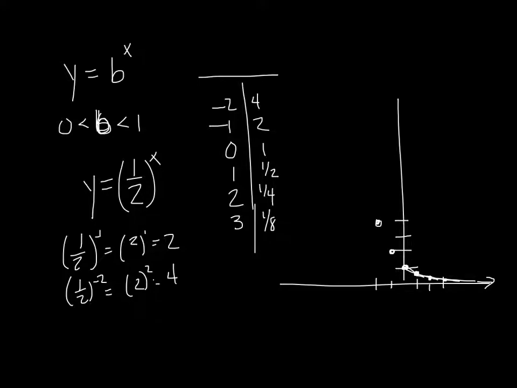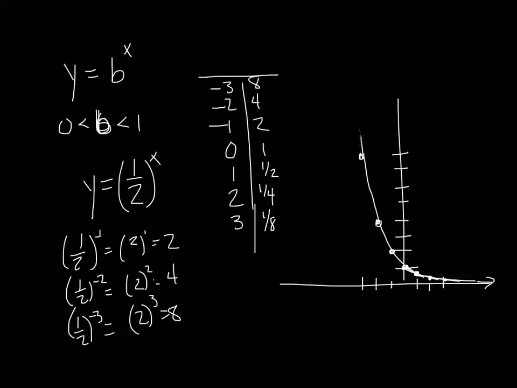And you can see the pattern. If I do 1/2 to the negative 3, I flip that fraction over, and now it's to the positive 3, I get 8. And now it's getting really big on the left-hand side.